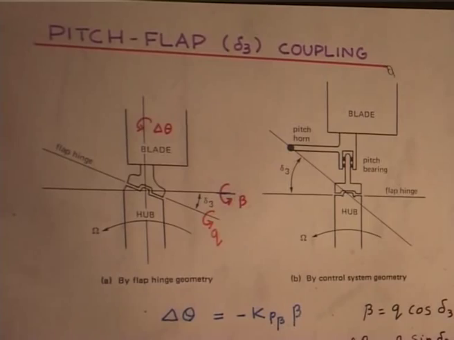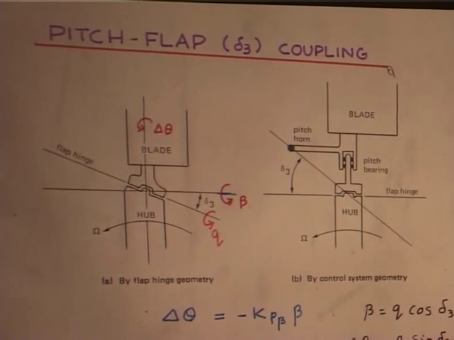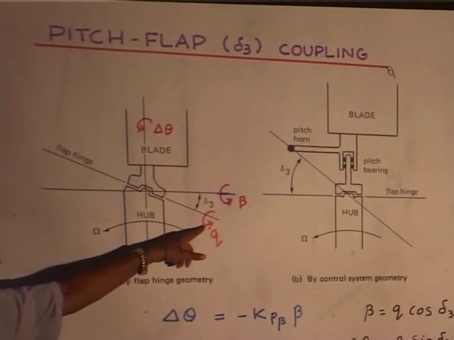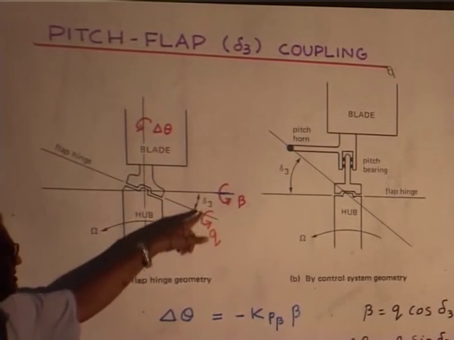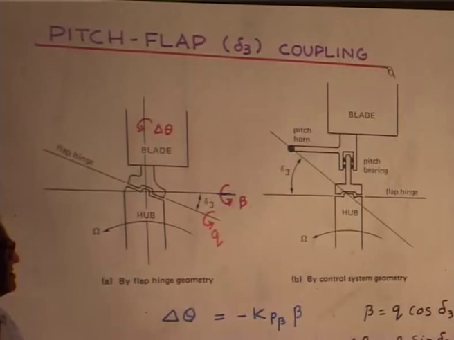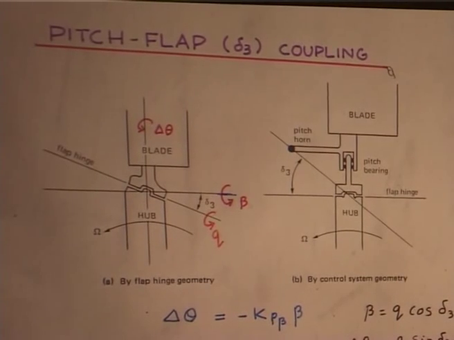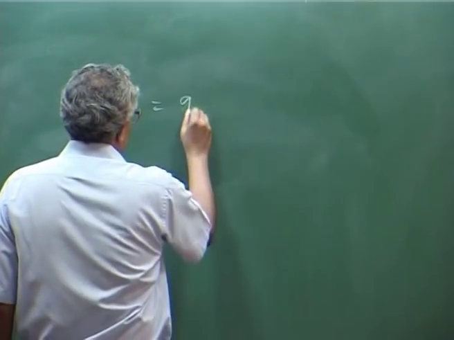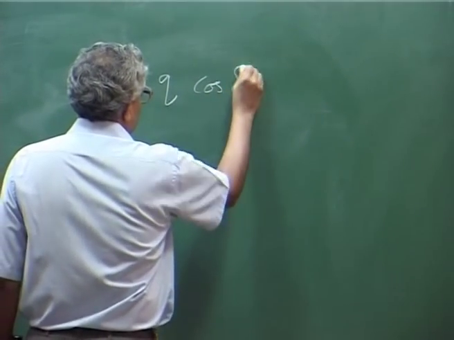Now, what you say is, I resolve this rotation q into two components. So, q cos delta 3. I call it beta as q cos delta 3.